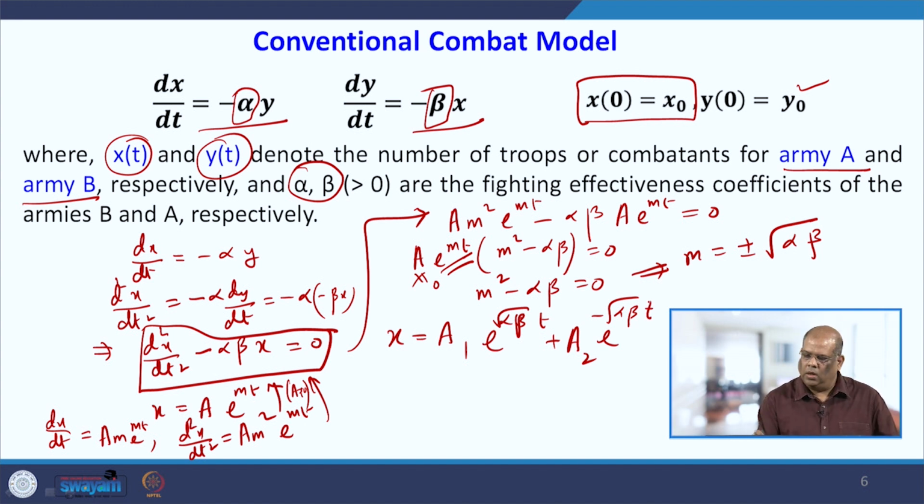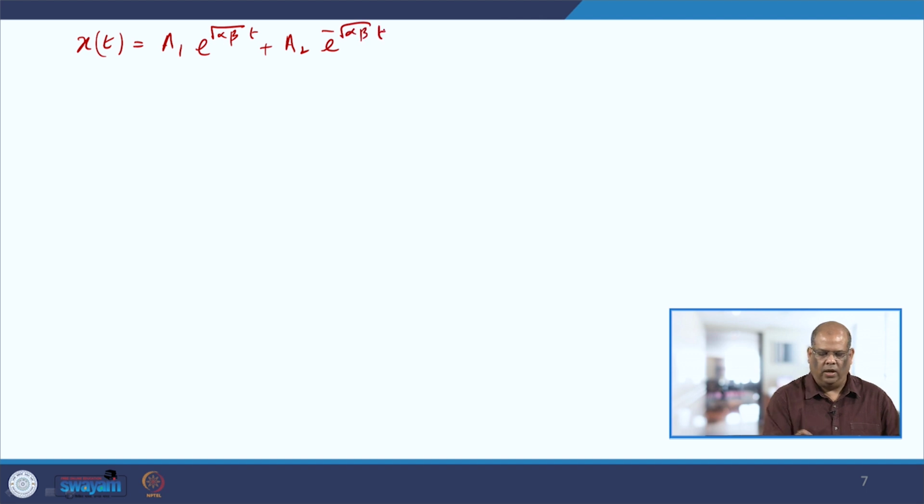Now, the initial conditions are given. I have to find the values of a1 and a2. So, you have calculated x(t) equal to a1 times e to the power root of alpha beta times t plus a2 times e to the power minus root alpha beta times t.